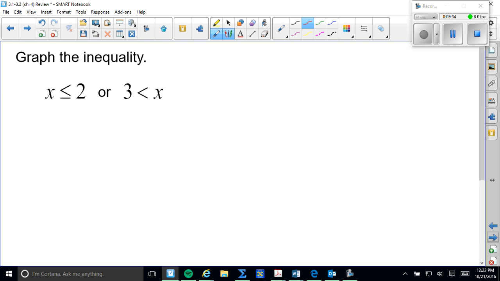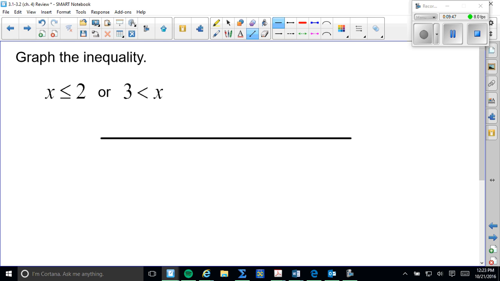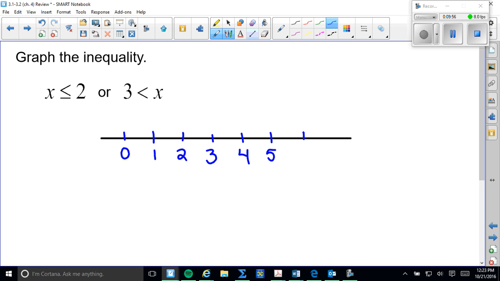Alright, the last one that I want you to do is graph these 2 inequalities. Go ahead and pause the video and graph these, and then check your work. Now that we're graphing this, hopefully you noticed that it said "or," so you know these 2 inequalities are going to go in opposite directions.